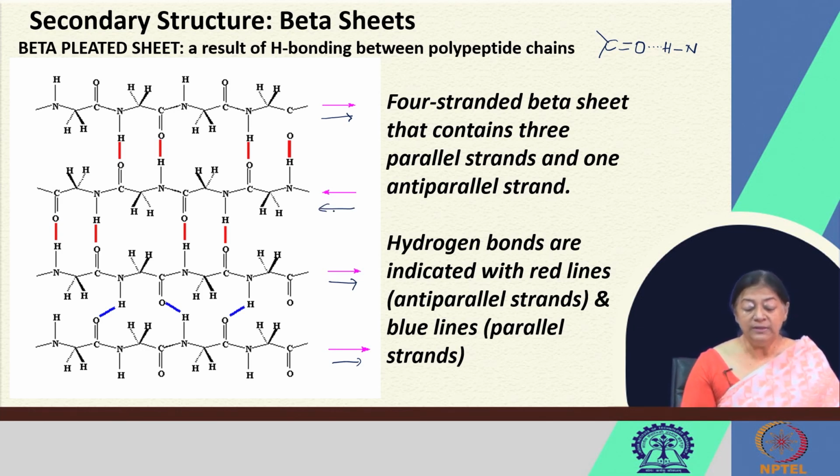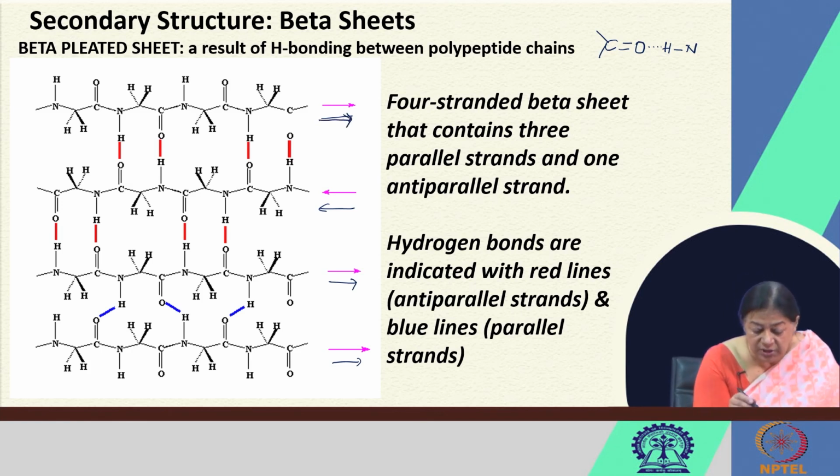Now, when we look at the hydrogen bonding pattern of these, we try and observe the directionality first of the backbone. We know that we have this particular direction of the polypeptide chain in this direction. Now, when we have the C alpha, we try to recognize the C alpha, saying that this is one particular amino acid.